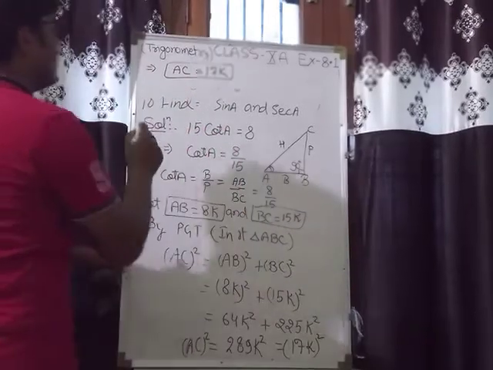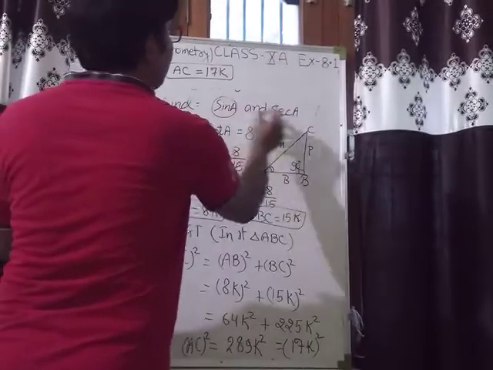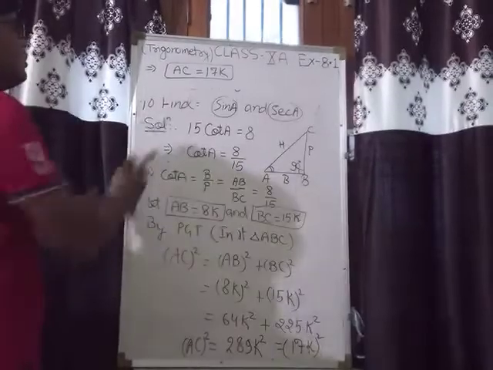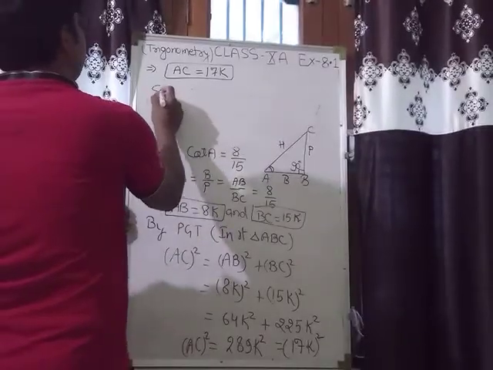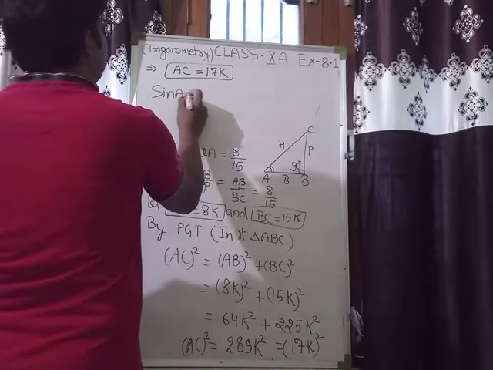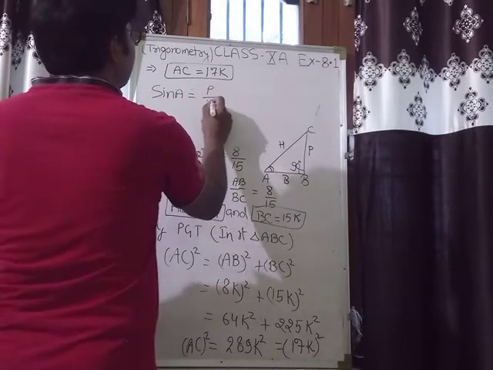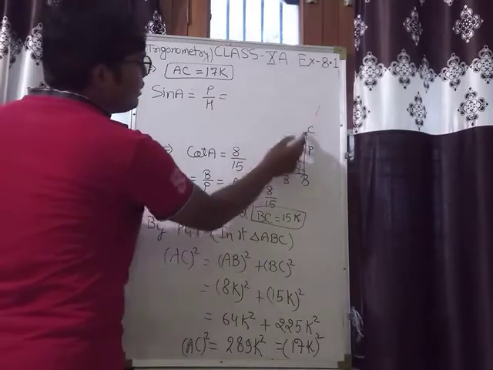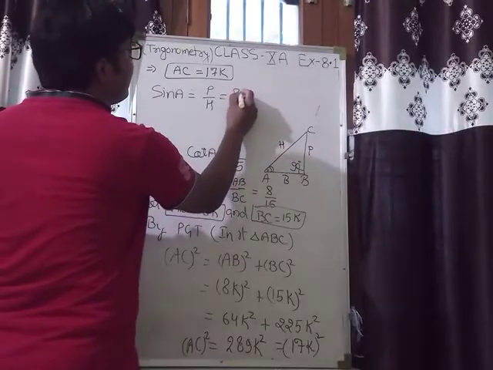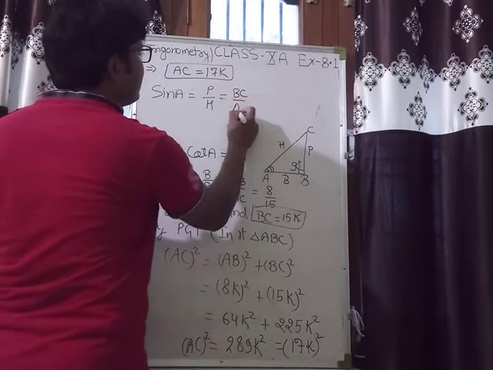Now we have AC, we have AB, we have BC. Now we have to find out sin A and sec A. See, now sin A is perpendicular upon hypotenuse and we are talking about angle A. So perpendicular will be BC and hypotenuse will be AC.